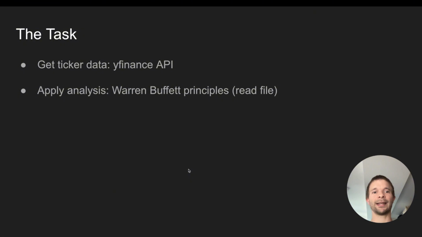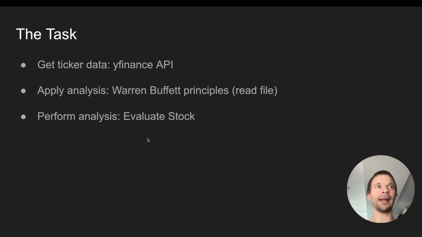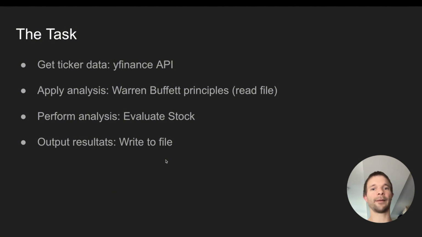Then read a file, which contained the Warren Buffett principles, and use this data to analyze the ticker, the stock. And then finally perform the analysis, evaluate the stock, and save the data into a file, and then the user has to read the file.